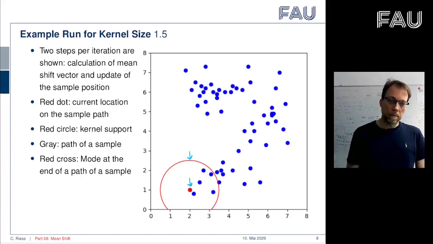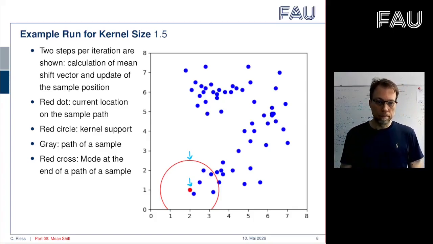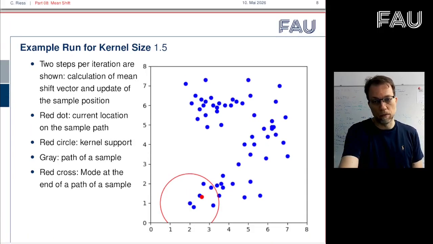And iteratively we go through that. So let's have a look. We are at this location. We have a couple of blue samples here in our area of influence, and they are all on the right. So the higher density can be expected to be on the right, and our sample position is going to move in that direction.